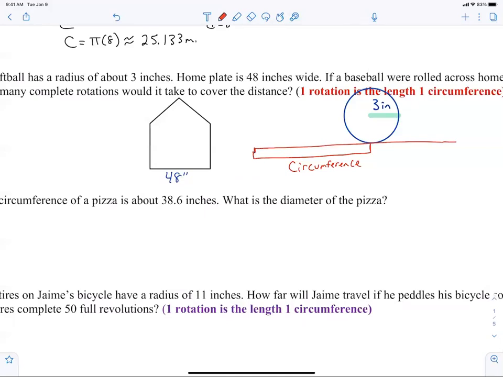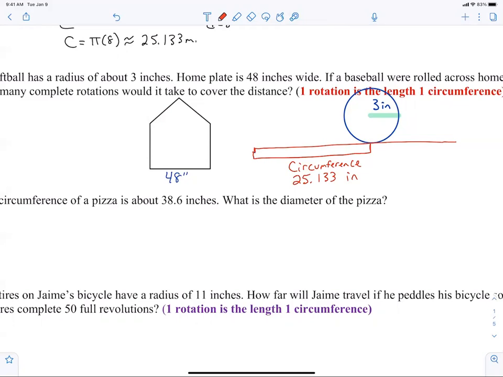So if you imagine a ball is being rolled one complete time, how far did this softball travel in one rotation? But I want to know what it is. It's about 25.133 inches. I'm not sure if I agree with that. Does anybody else agree with that? Well, that's a circumference, right?